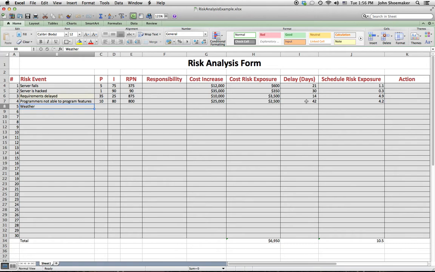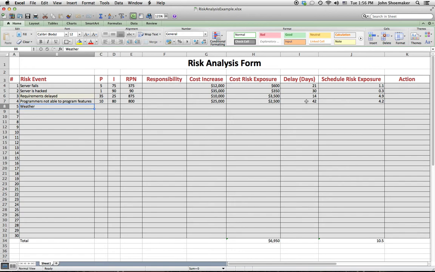So, for example, let's say that we're concerned about the server failing. We've already determined that avoidance is too costly. So maybe we can mitigate. In other words, we can minimize the damage. What if we had a backup server?